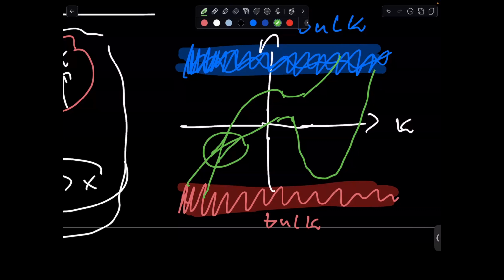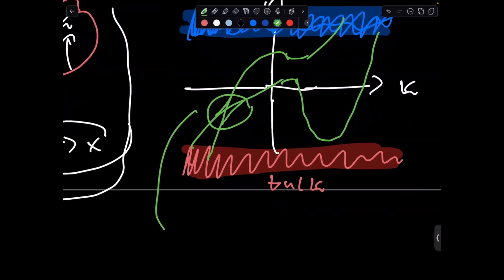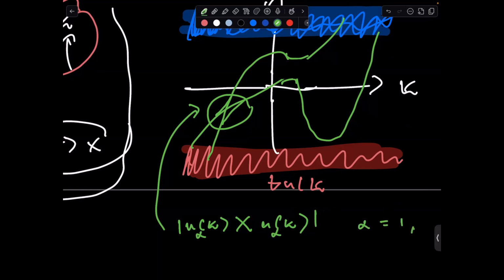Yeah, so this is a bit of a deeper argument why you can only gap things out like this. Maybe someone in the audience has a simple reason for why you can't. But the best argument I could give you is these states. You can have some u(k) here. You can form a projection matrix, u_alpha(k), where alpha is 1 and 2, right? These are the two states.